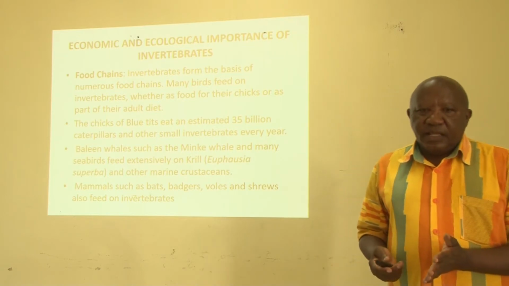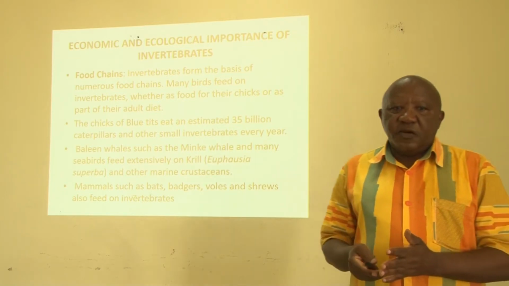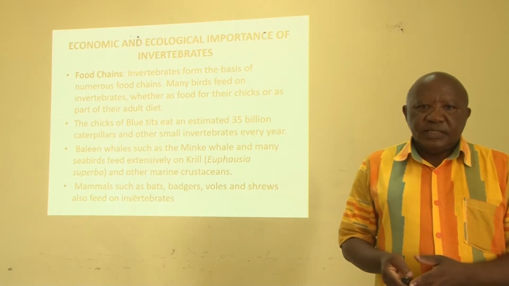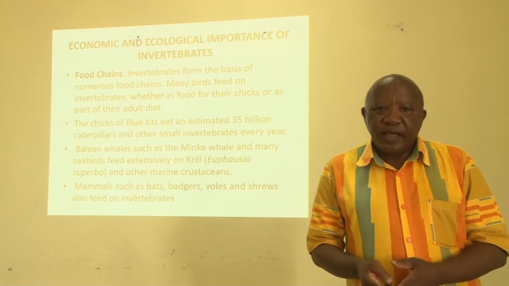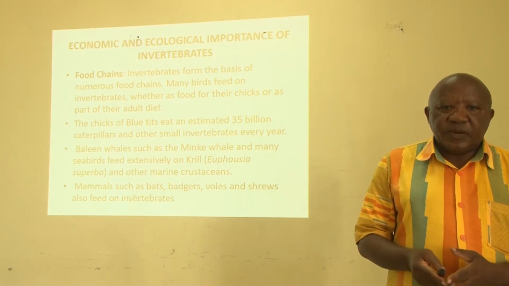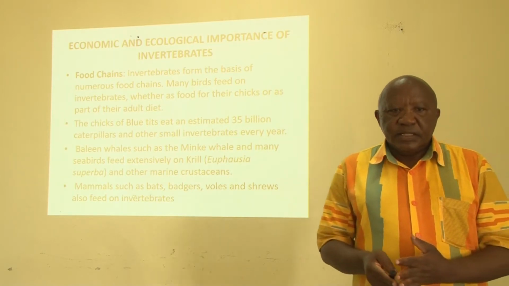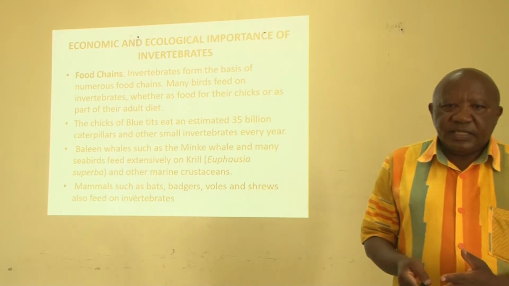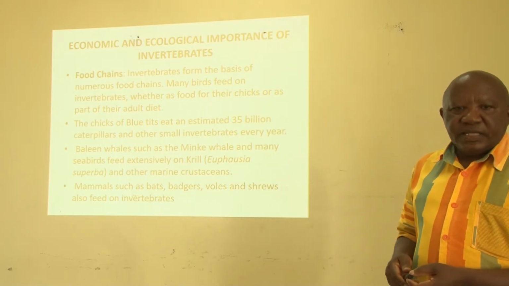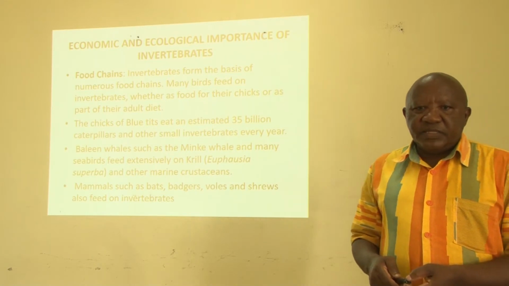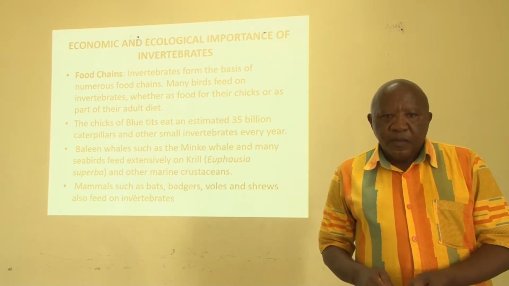Food chains. Invertebrates form the basis of numerous food chains. Many birds feed on invertebrates, whether as food for their chicks or as part of their adult diet. The chicks of blue tits eat an estimated 35 billion caterpillars and other small invertebrates every year.